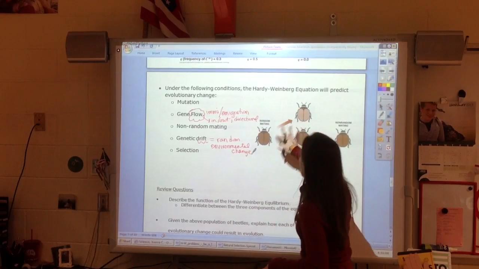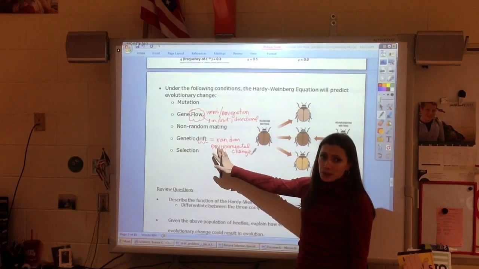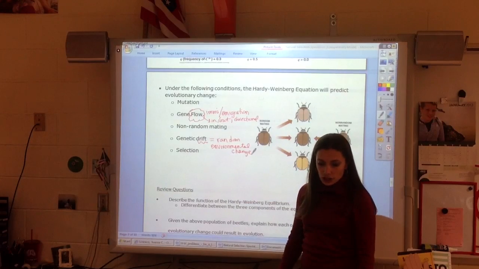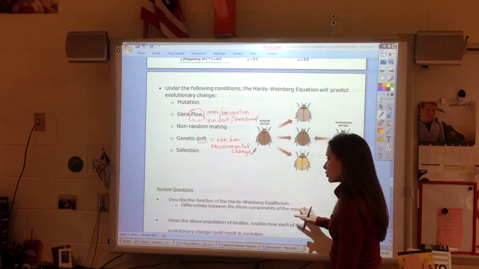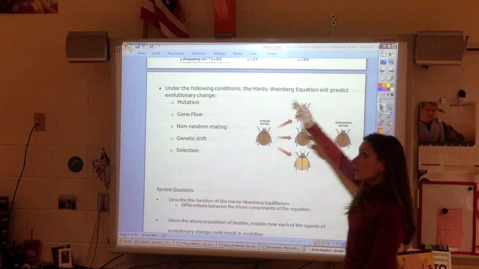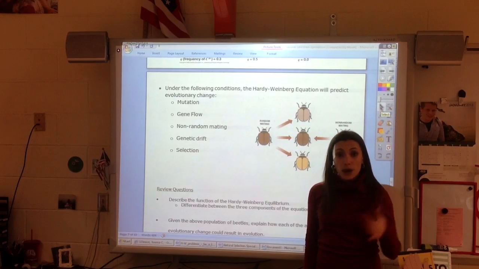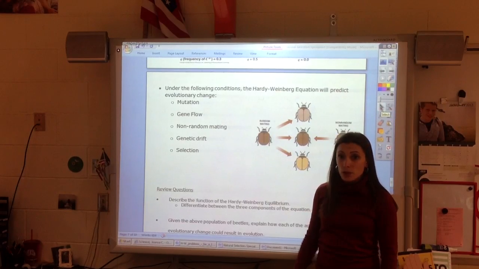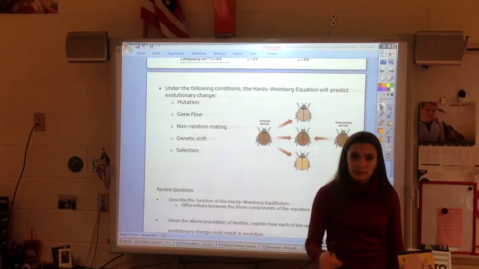And so what we start to see is that these are the things that are probably happening if I see changes in a population. And so you want to make sure that you can memorize these. They're logical as well, but you just have to practice them so they get into your memory as reasons that evolution could be occurring. And that's it.